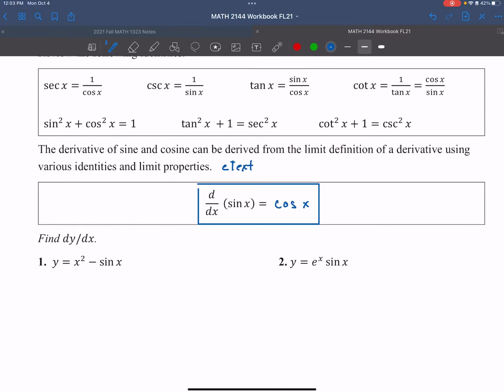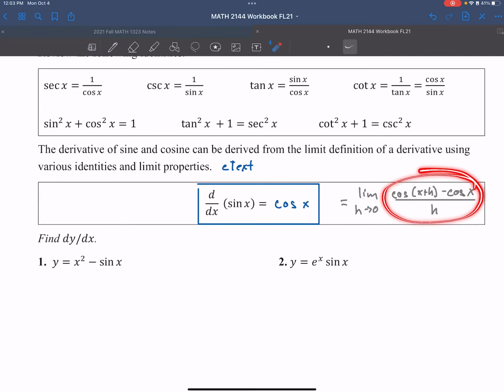All we're really doing here is finding the limit as h approaches 0 of cosine of x plus h minus cosine of x divided by h. In order to do things like this, it's not too bad. You would just have to use your addition formula, and break up the limit using various properties of limits that we worked on in chapter 2.